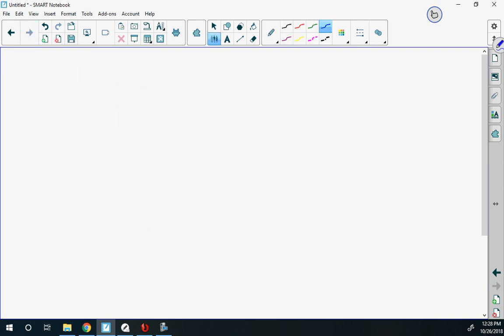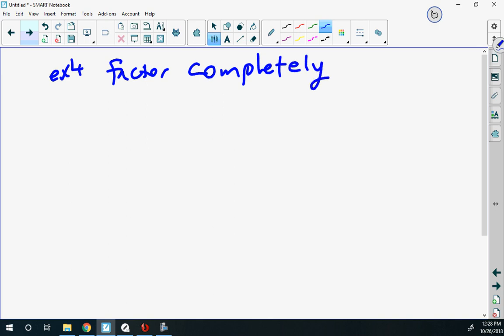Example 4, factor completely. x to the 4th power minus 81.